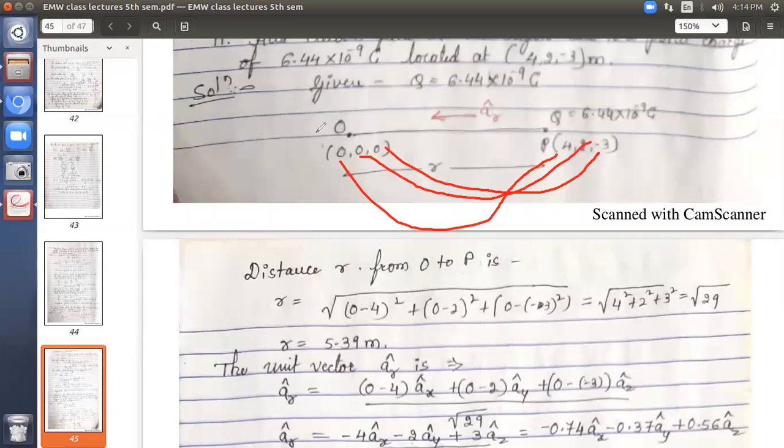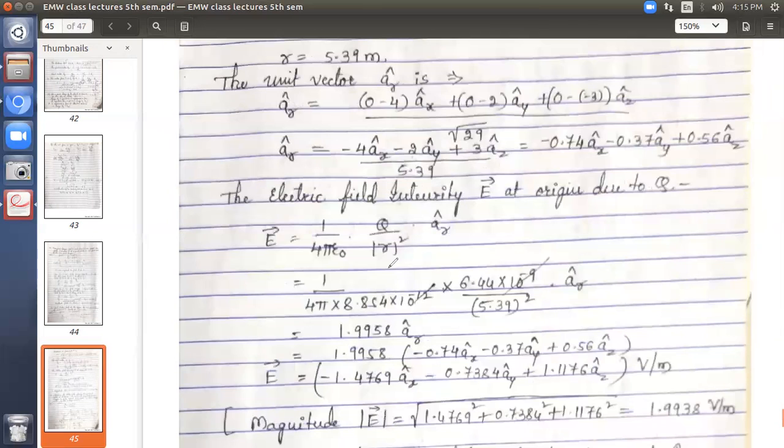So you can take either 0 minus 4 or 4 minus 0, it doesn't matter. The power is even, so the negative sign will not count. So you will get the square root of 4 square plus 2 square plus 3 square, square root of 29, which comes to around 5.39 meters. So the distance we have calculated. So in the formula, this is over. Now let's calculate the aR.